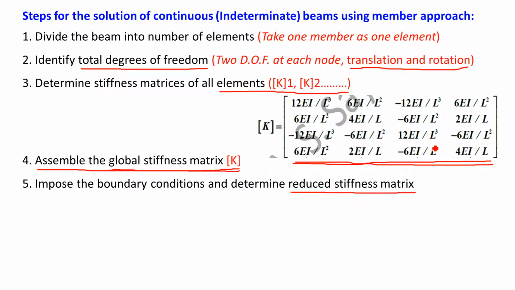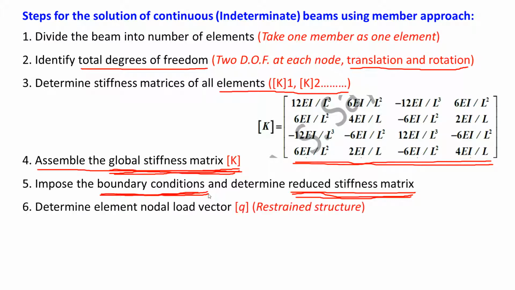Second is the global stiffness matrix, whose order is equal to the total degrees of freedom. The third is the reduced stiffness matrix, whose size is equal to the total non-zero kinematic unknowns, the non-zero degrees of freedom. Zero degrees of freedom are treated as boundary conditions in the solution.